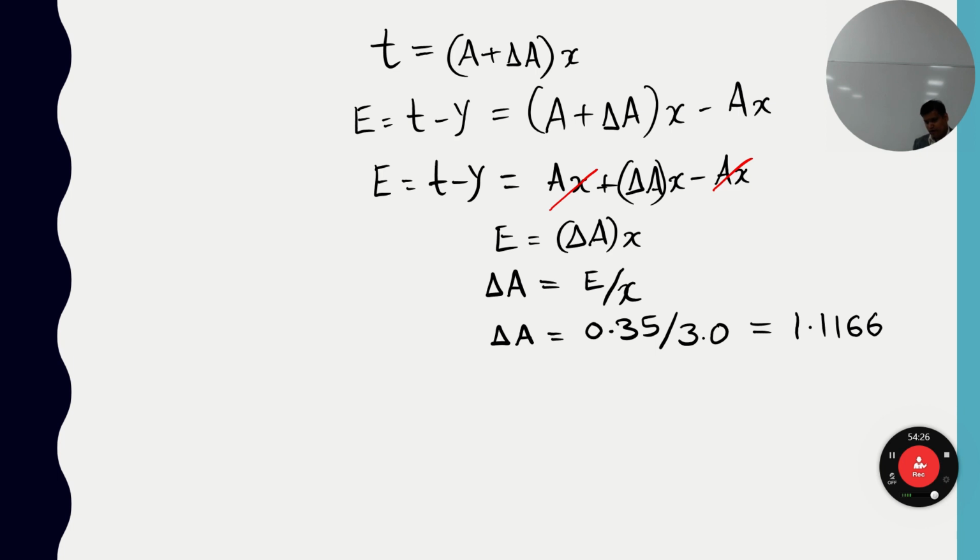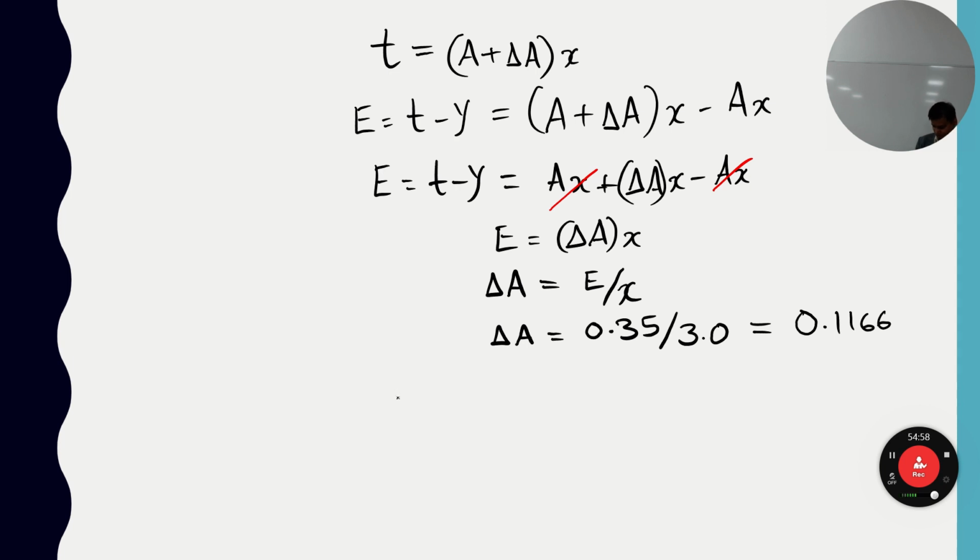Okay, so this means that we need to change the current value of A. We know the current value of A is 0.25, and this change in value should be 1 point. In fact, it's not 1 point, it should be 0 point. I am making a mistake. 0.1166. So we need to improve the value for A, right?